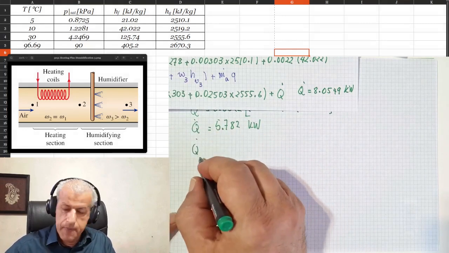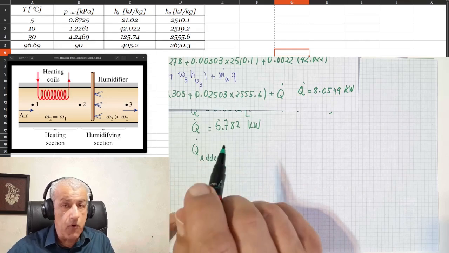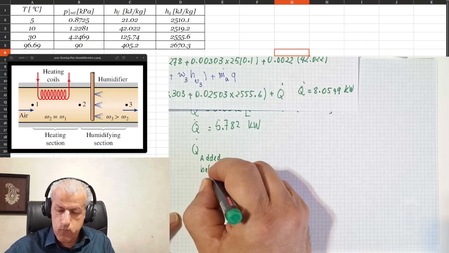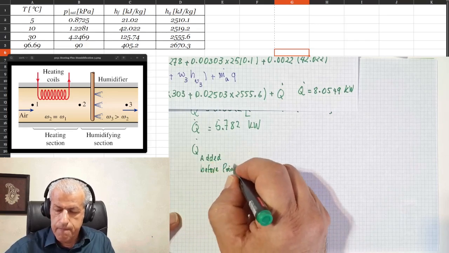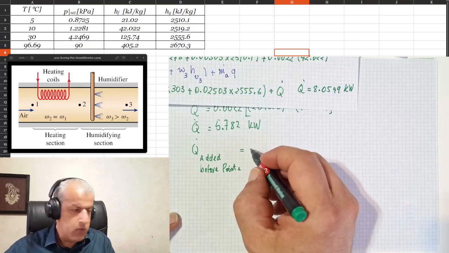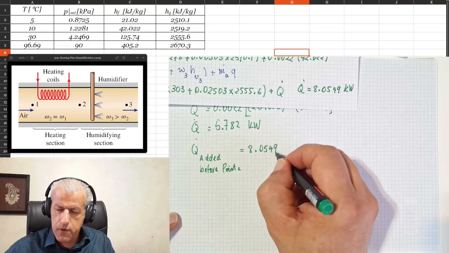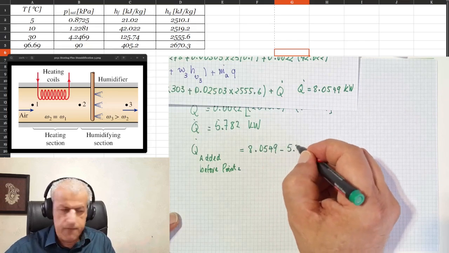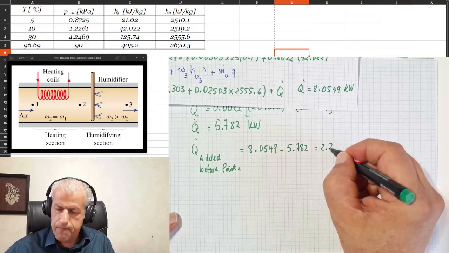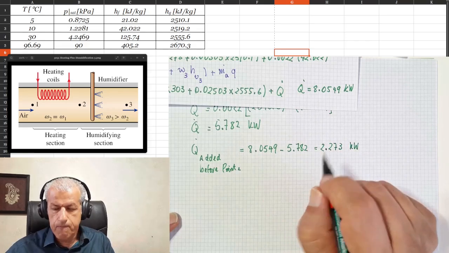We just deduct these two values, and therefore Q dot, which was added before we injected steam, added before point 2, equals 8.0549 minus 5.782, and that equals 2.273 kilowatts.